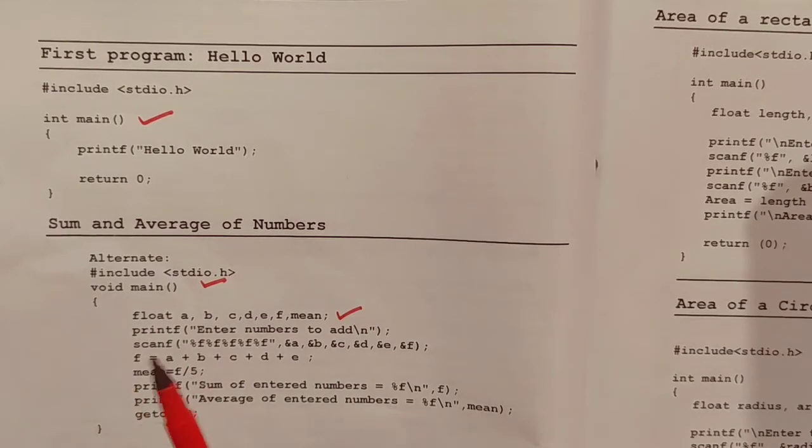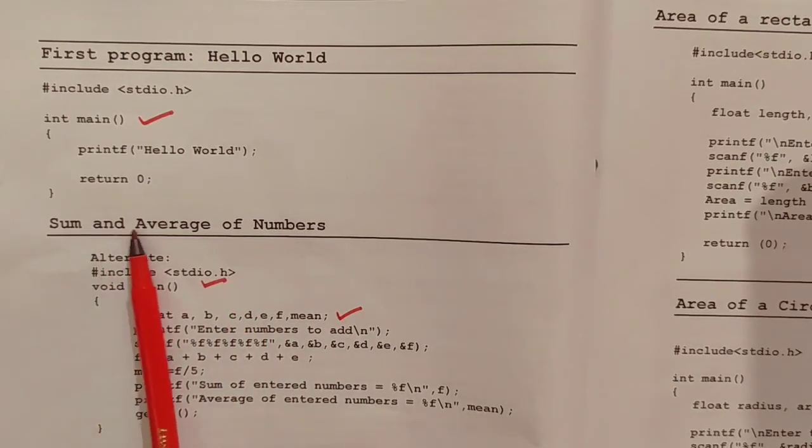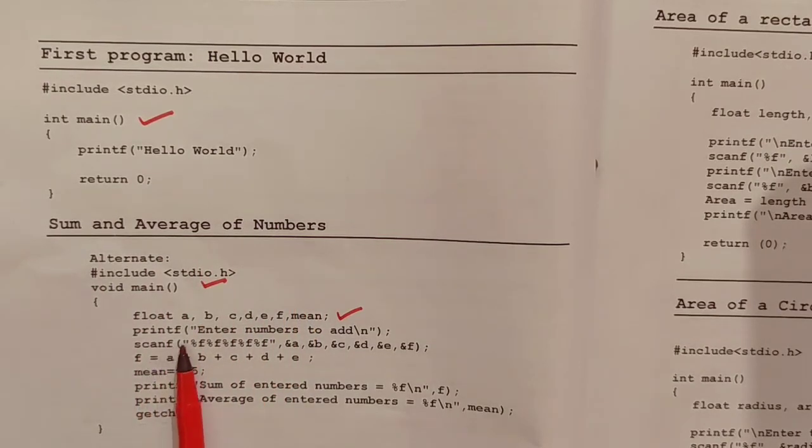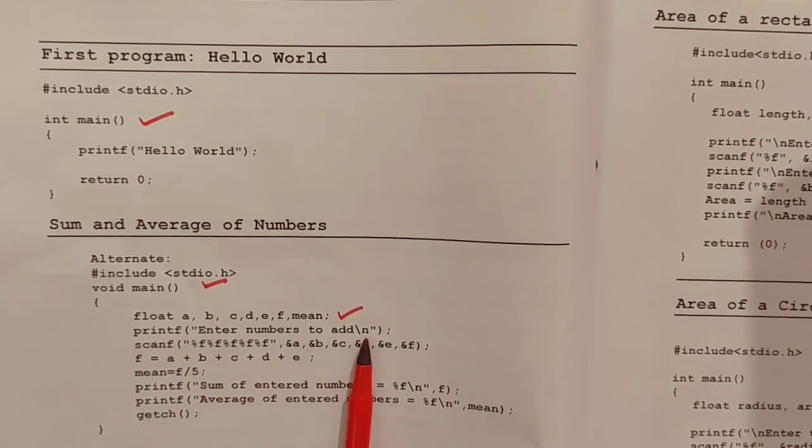Now after the next line it is written printf, bracket, inverted comma, enter numbers to add. As we are making sum and averages, we'll use addition and average. So printf, what does it mean?